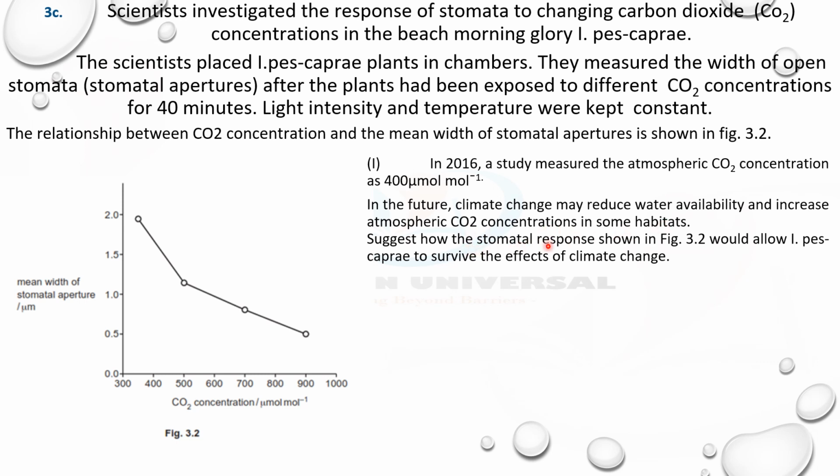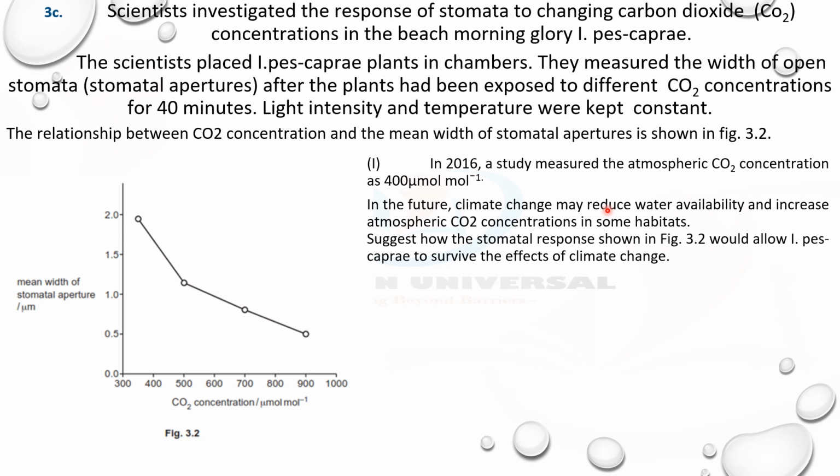Suggest how the stomata response shown in Fig 3.2 would allow this organism, Ipomoea, to survive the effects. Okay, so remember they said in future, climate change may reduce water availability. So that means there's going to be a problem. Conditions with less water availability.